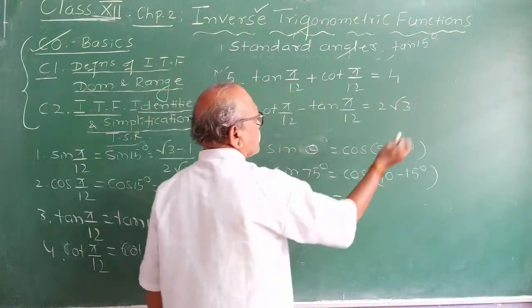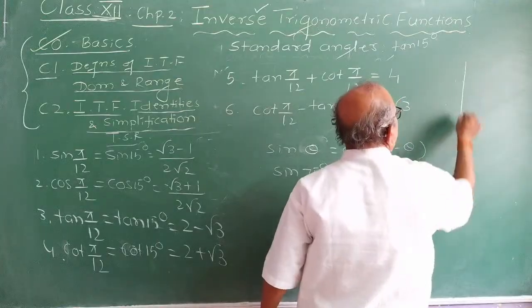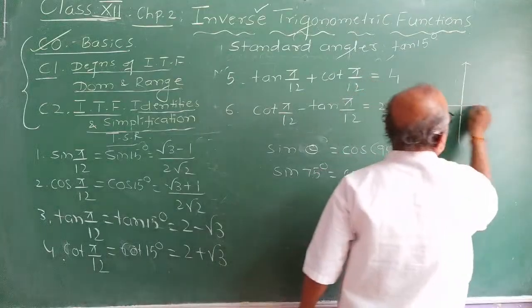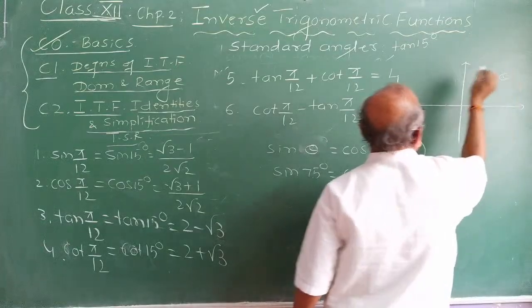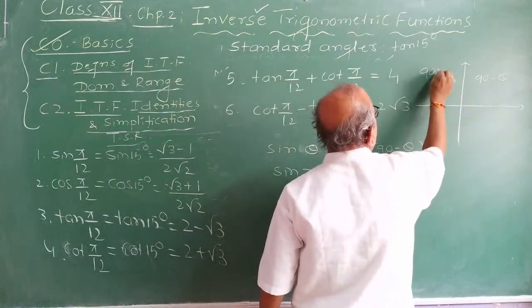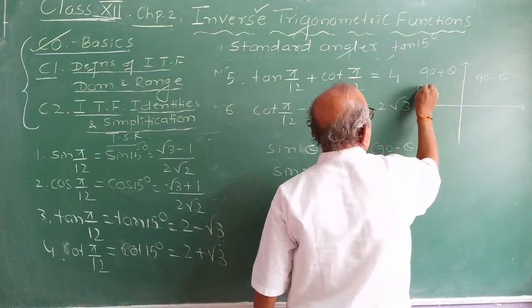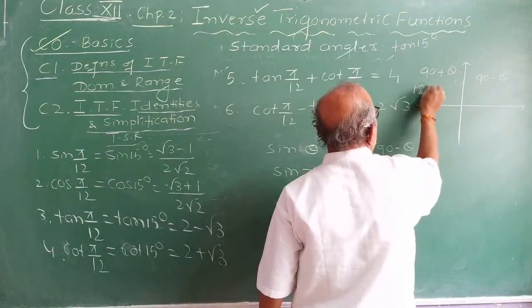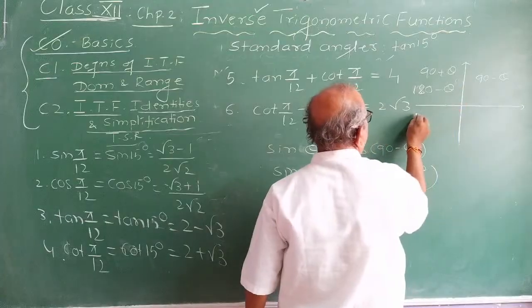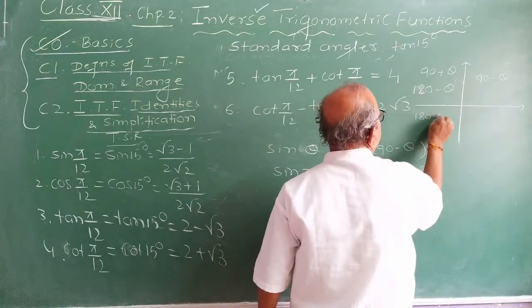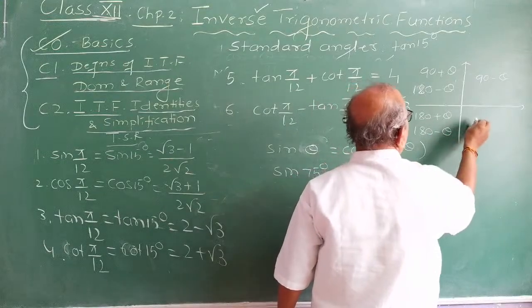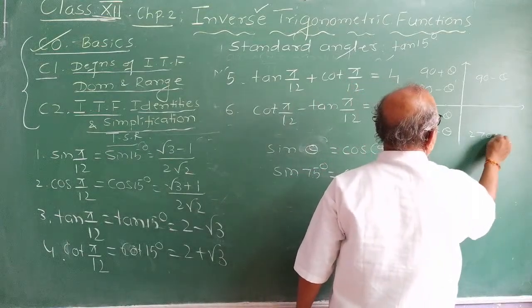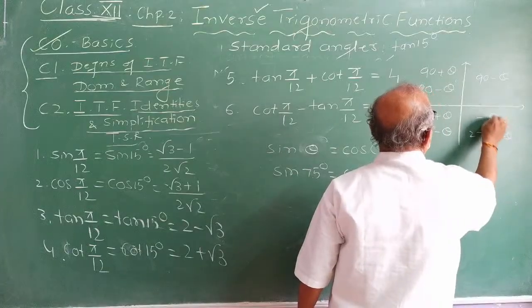What is cos 90 minus theta? Allied angles. In allied angles, first quadrant will be 90 minus theta. Second quadrant will be 90 plus theta, 180 minus theta, odd multiple, even multiple. Third quadrant will be 180 plus theta, 270 minus theta, and fourth 270 plus theta, then minus theta.